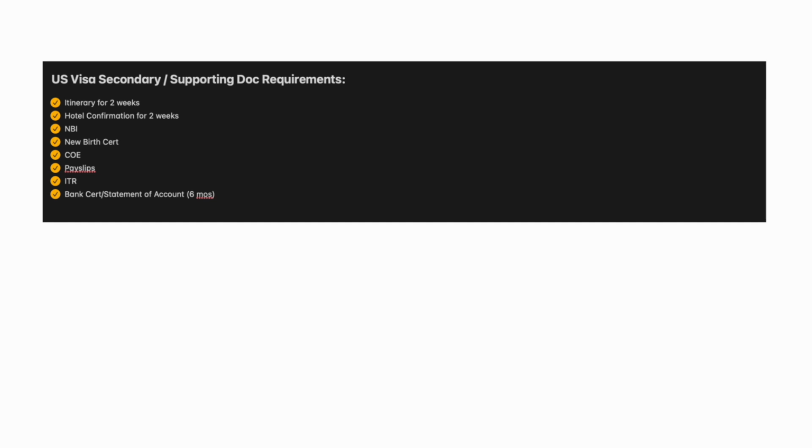Next is the hotel confirmation for 2 weeks. For this one, again, I've also shared much of this with my Canada application. Hotel confirmation doesn't need to be paid already, okay? It's just a confirmation, like a reservation. You can do this on booking.com, or on Agoda.